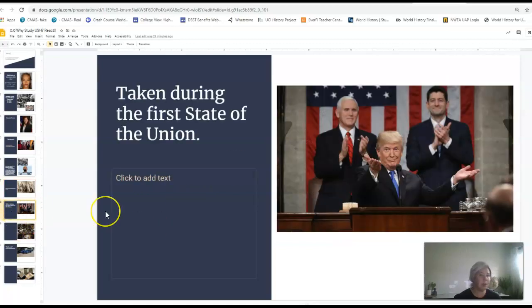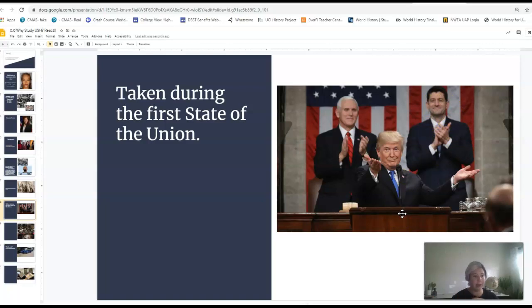This next one, and I know it's going to get some heat, this is an image of, obviously, Donald Trump, the President of the United States currently, with Mike Pence, the Vice President, in the back, and then we also have Paul Ryan. This was taken in the first State of the Union.